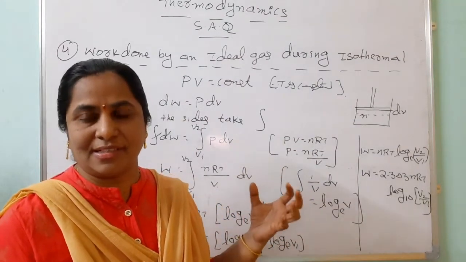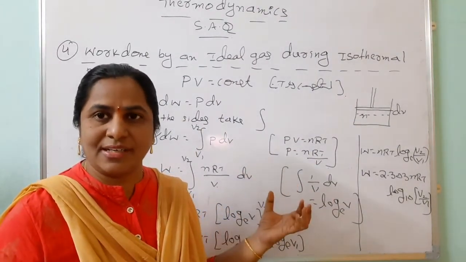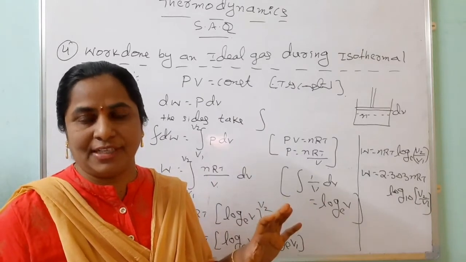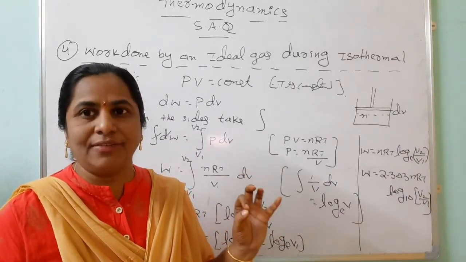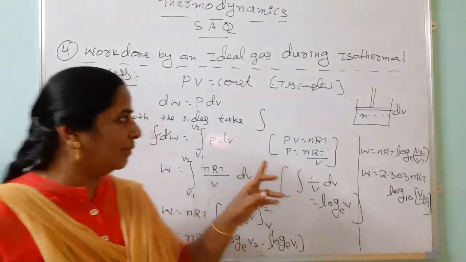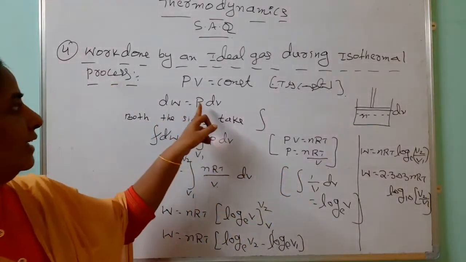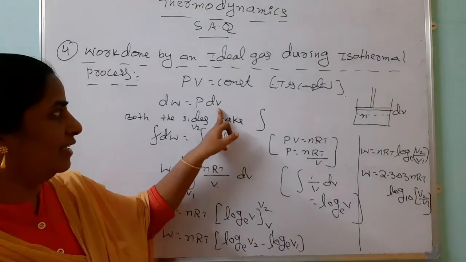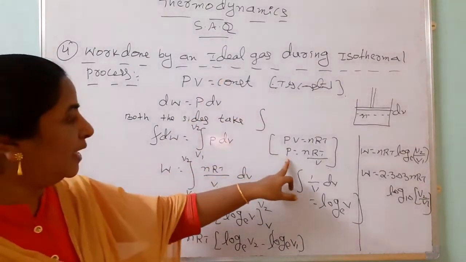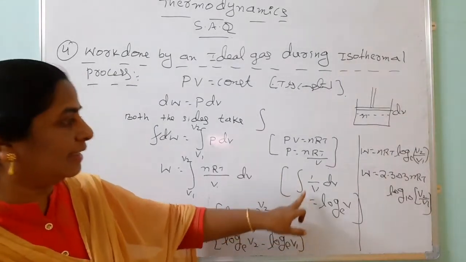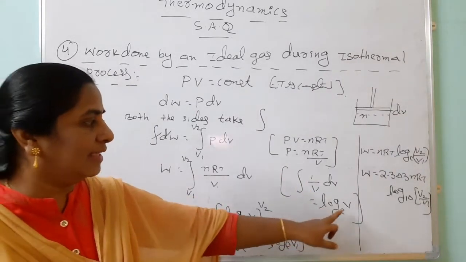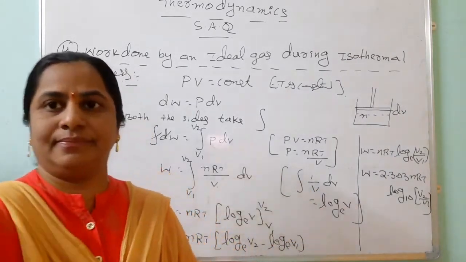An isothermal process means the system is going from one state to another state at constant temperature. Here all gases obey Boyle's law. It is very, very important. Just remember that work done is pressure into change in volume, then instead of P we substitute nRT by V, and the integration of 1 by V into dV is log e V.